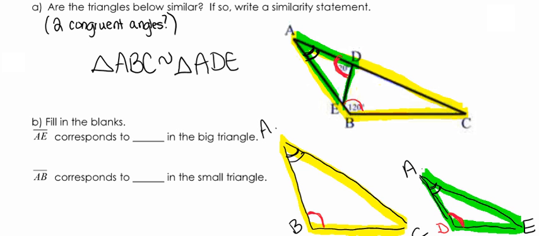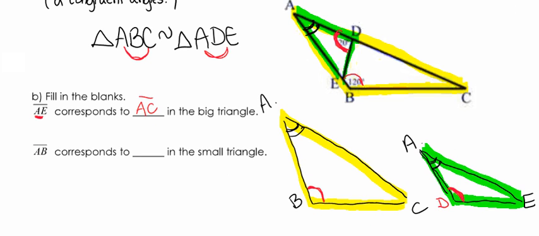So AE now in the little triangle is going to match up with side AC in the big triangle. And notice that AE is the right side of my triangle, and it's also the right side of my yellow triangle. And if I've drawn those correctly, those will match up.